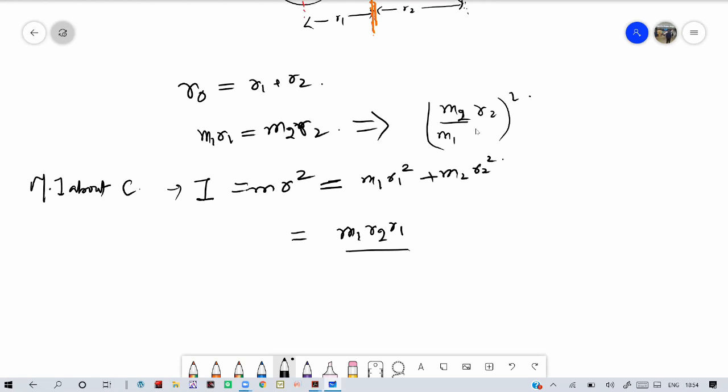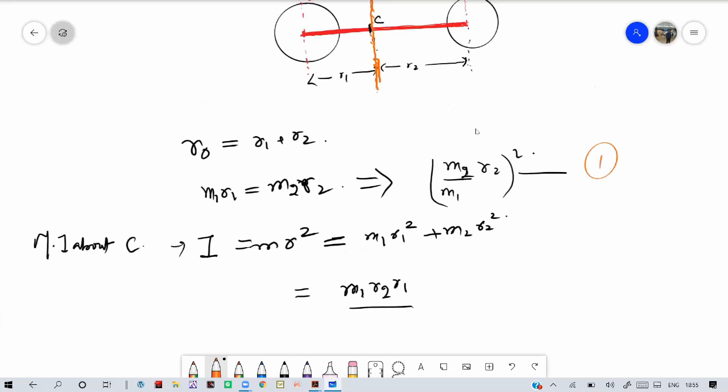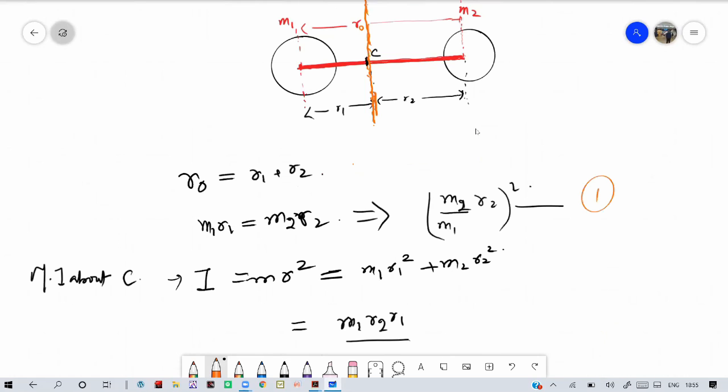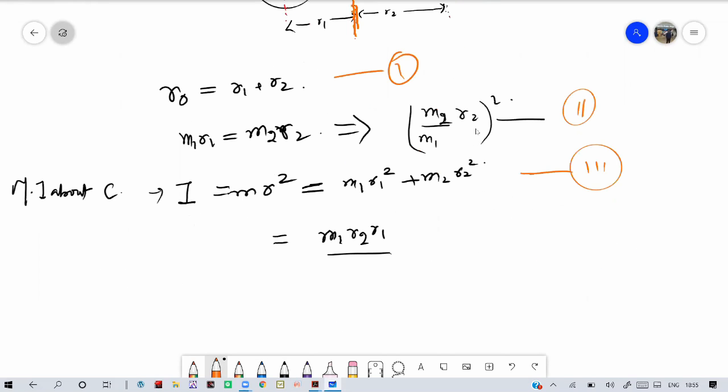When we put this value here, use the second equation, so it is r2 from this equation.